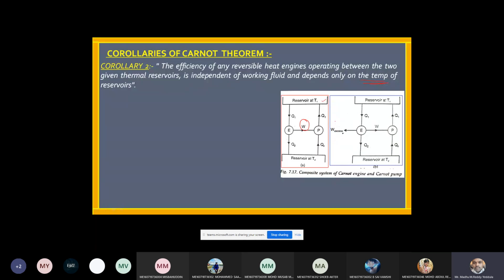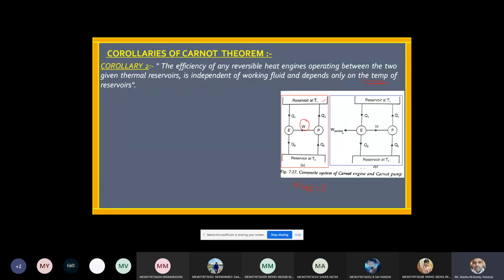But both have the same efficiency according to corollary 1. What is the net work here? Net work will be 0 because the work done by the engine is used to drive the pump. So W net will be 0 in the first figure.